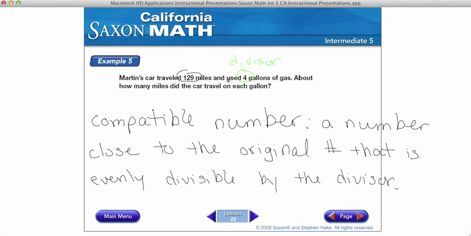But 129 is not evenly divisible by 4, so I want to look for a number close to 129 that is evenly divisible by 4. So let me erase all of this because I know you've already written it down. Let's do this.